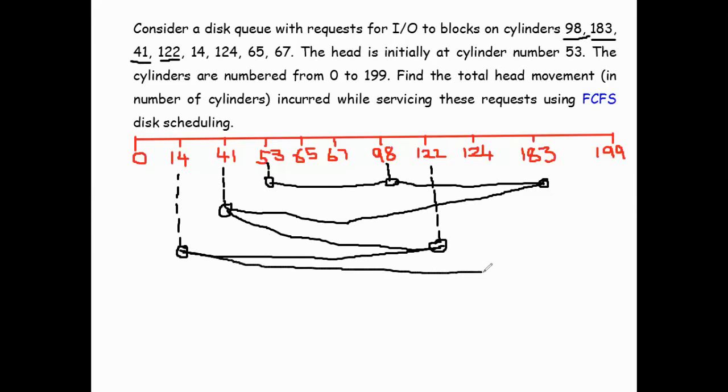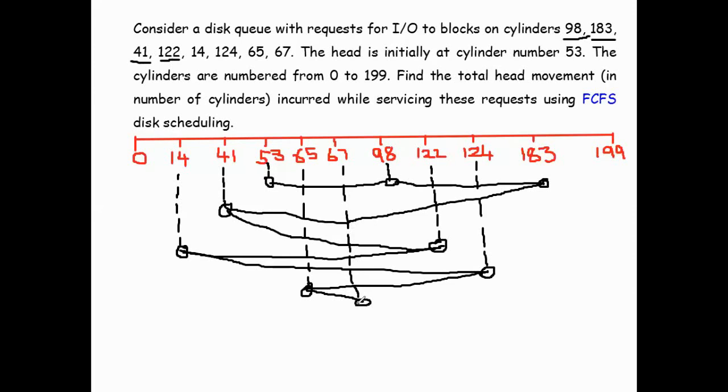After 124, the request has arrived for cylinder number 65. Hence, the head moves to 65. And at last, the request is for cylinder number 67. The head moves from 65 to 67 now. This is the way how FCFS disk scheduling algorithm works for the given problem.